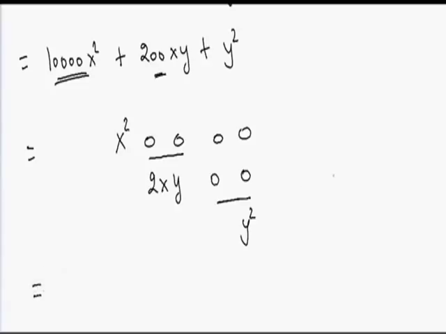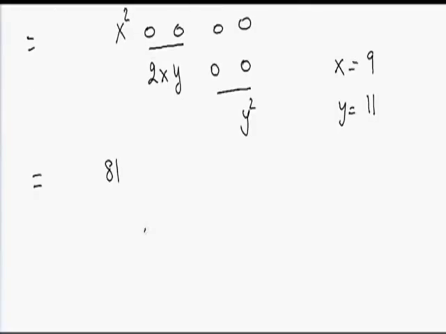So again, if I have x is equal to 9 and y is equal to 11, then you can see that 9 square is 81. So there is no limit for x square here, right? And then we have 2xy, so 2 into 9 into 11, so that will be equal to 18 into 11, and that will be equal to 198.